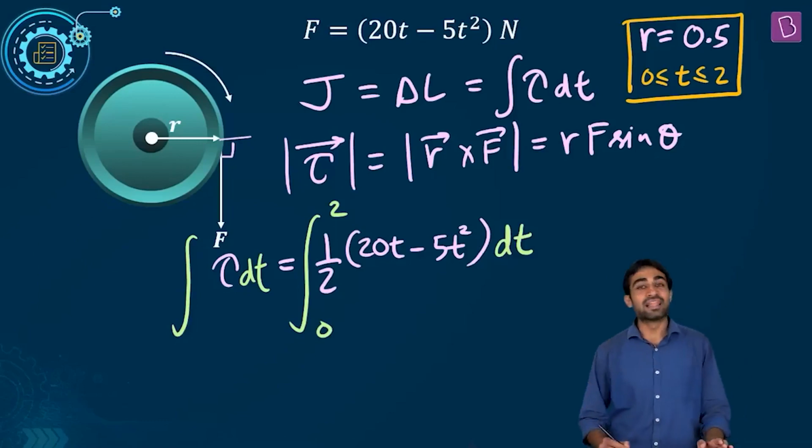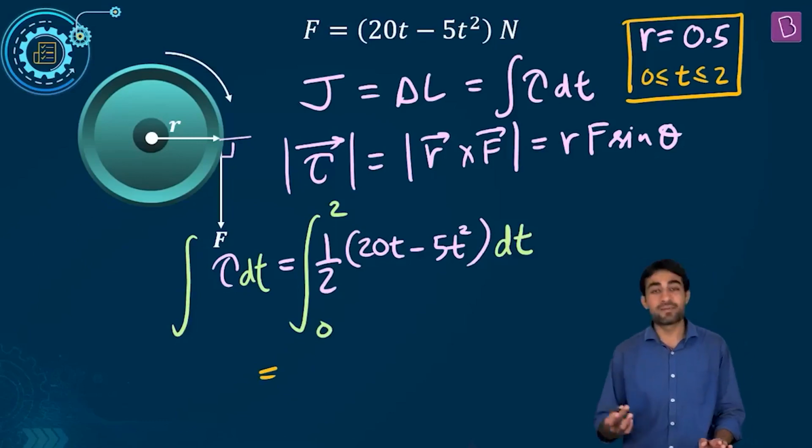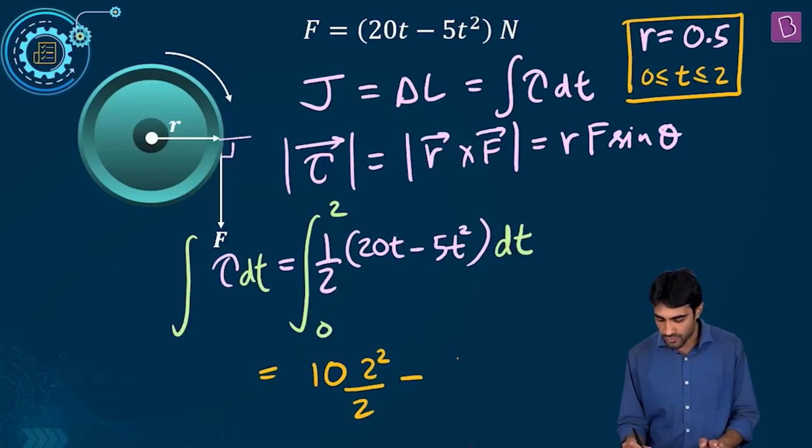Let's put the limits and find out what the integration is. So we have half, and then we have this integration 20. Let me divide 20 by 2 straight away. So we will get 10, and then we have t square by 2. So we have 2 square divided by 2, and then we have 5 by 2 times t cube by 3.